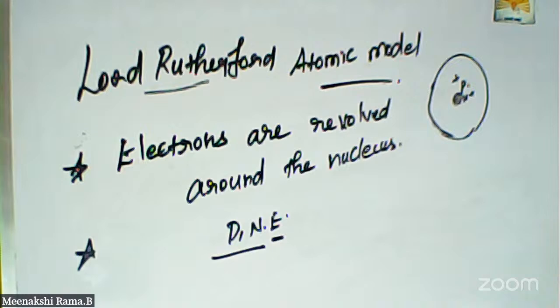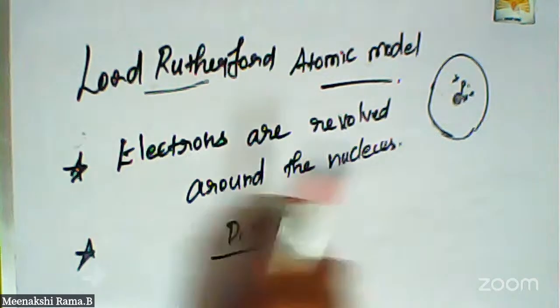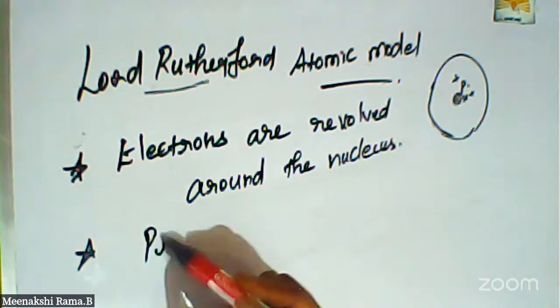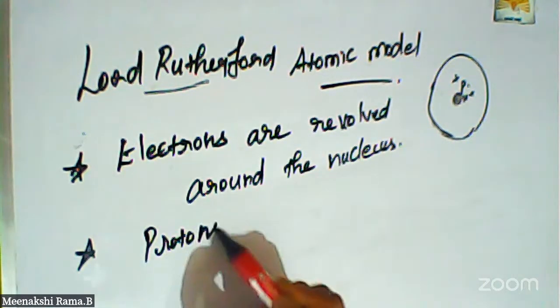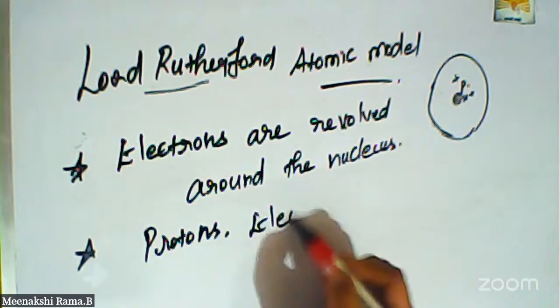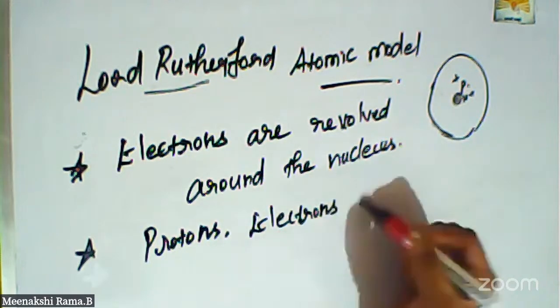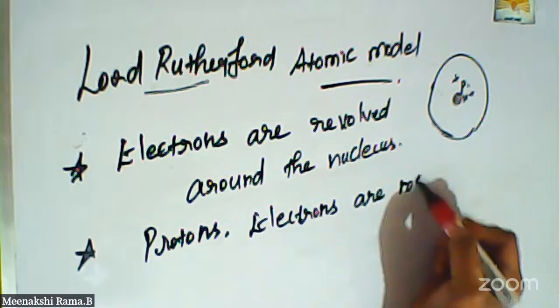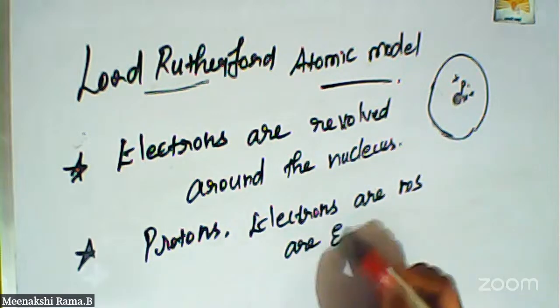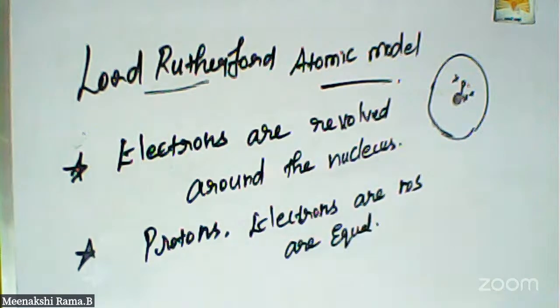The atom as a whole is electrically neutral because the numbers of protons and electrons in the atom are equal. So this is the last point of the Rutherford atomic structure.